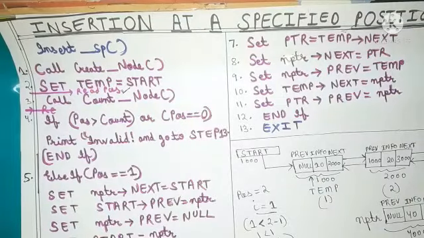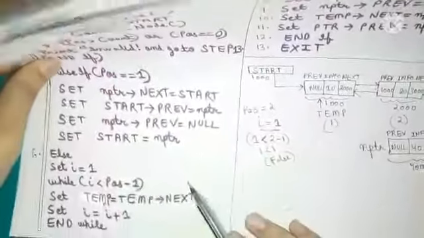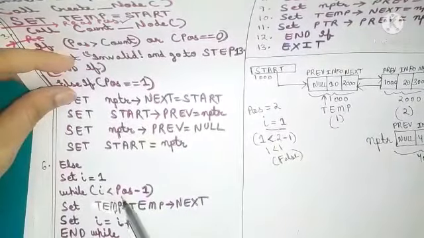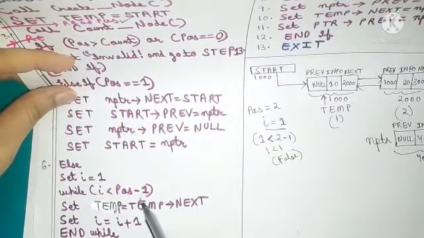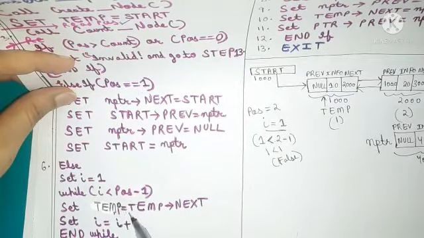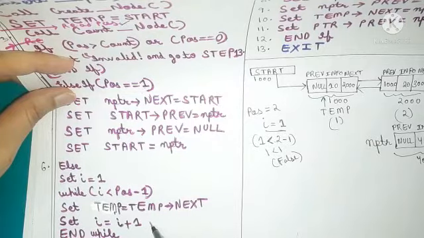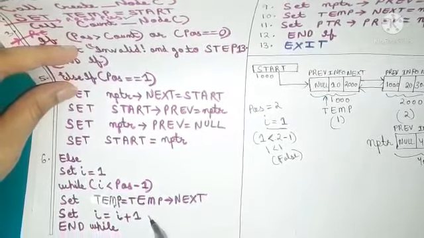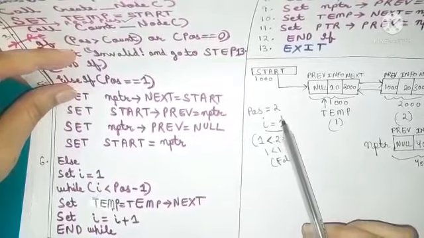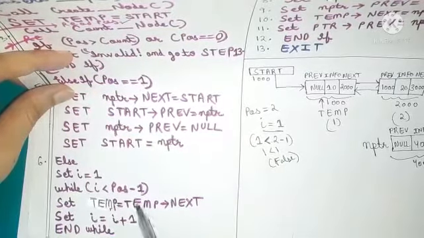But suppose you had taken position as 3, then 1 less than 3 minus 1, 1 less than 2, so this condition would have become true. In that case, temp is equal to temp next and i is equal to i plus 1 would have executed. Now as I have assumed the position as 2, this is not executing.